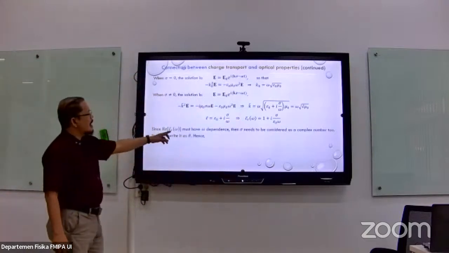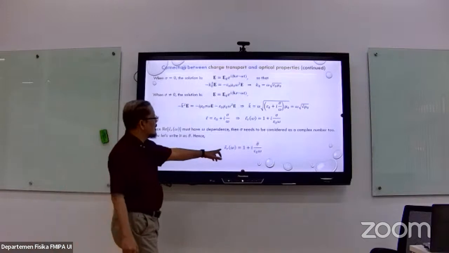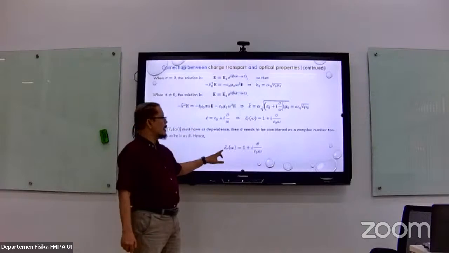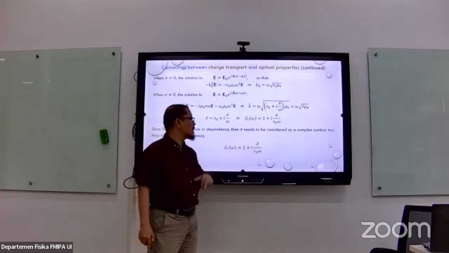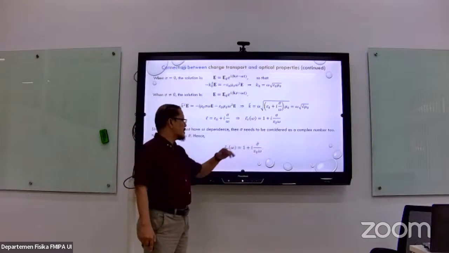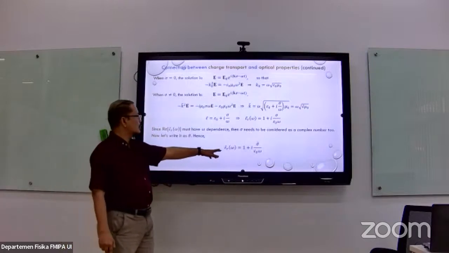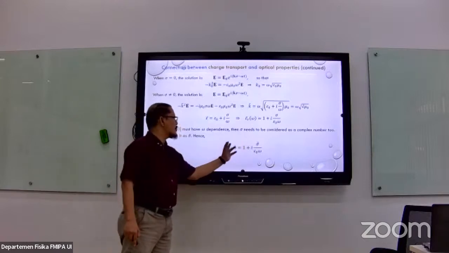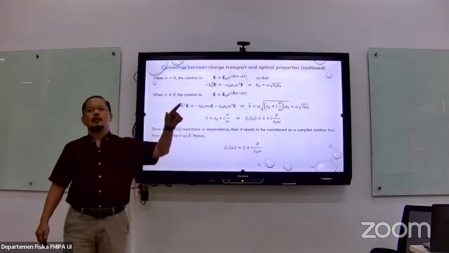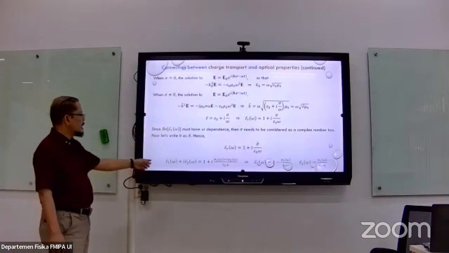Now, considering that sigma is now a complex number, then we can rewrite the relation between epsilon r, which is a complex number, with sigma, which is also a complex number. I forgot to put sigma dependence over here, but it's not very important. Okay. So as now we want to break down both quantities epsilon r and sigma into the real and imaginary parts, then I can write, right?